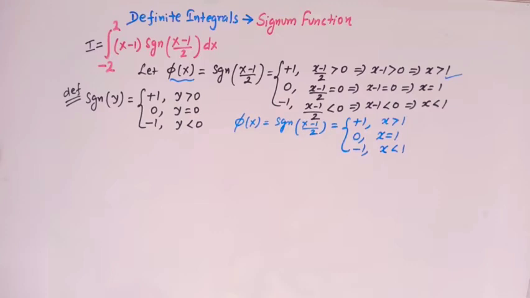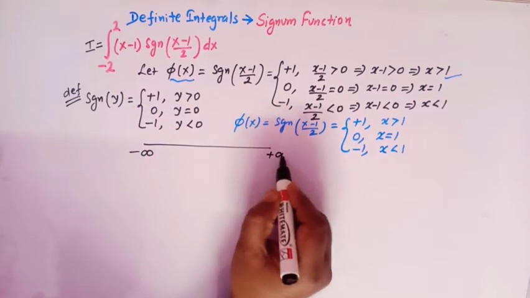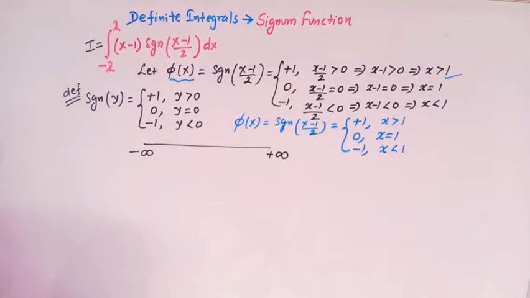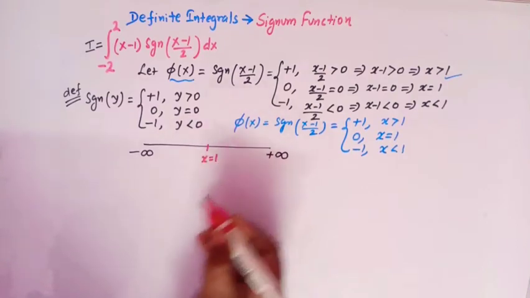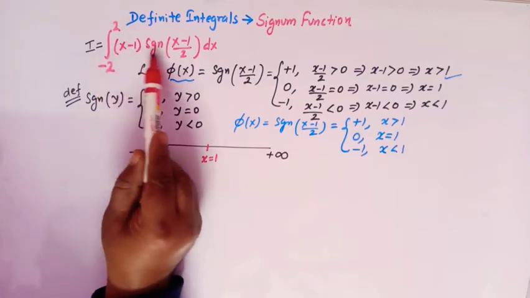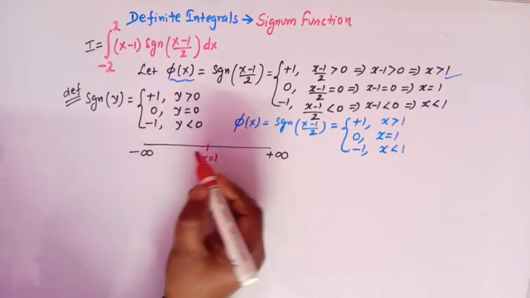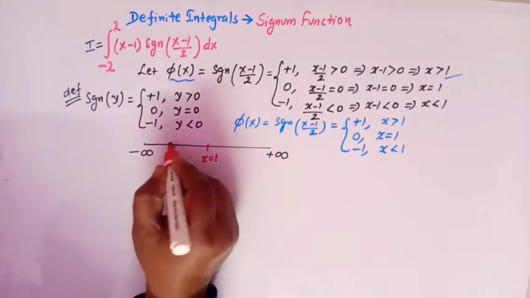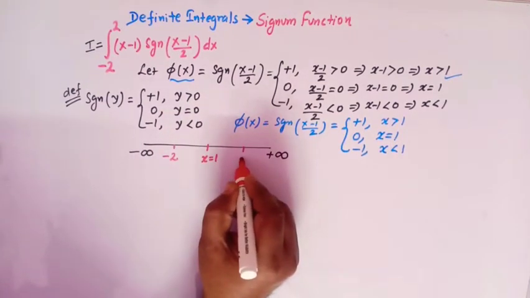Now let us take the real number line, with minus infinity and plus infinity, and here we have x is equal to 1. We have to integrate this function from minus 2 to 2, so minus 2 lies somewhere here, and 2 lies somewhere here.